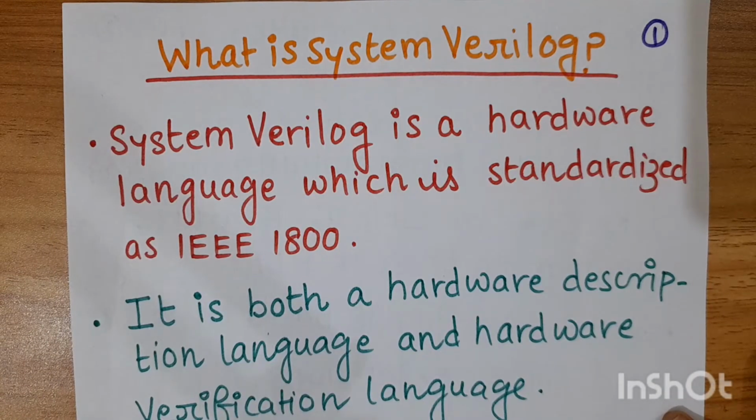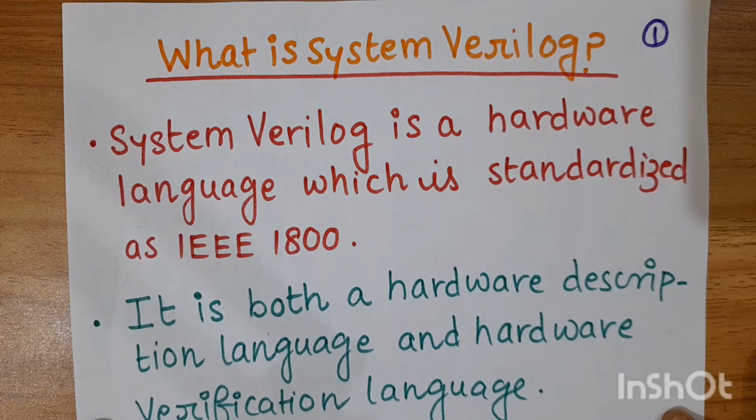Now, what is SystemVerilog? SystemVerilog is a hardware language, just like Verilog. It is also a hardware language, but it can be used to design electronic circuits. It can also be used to verify electronic circuits.